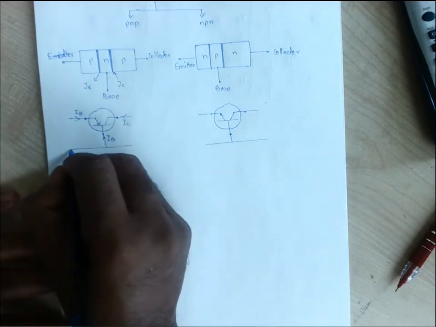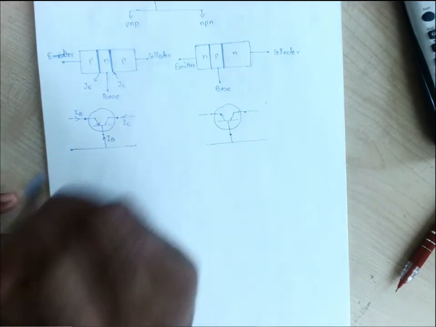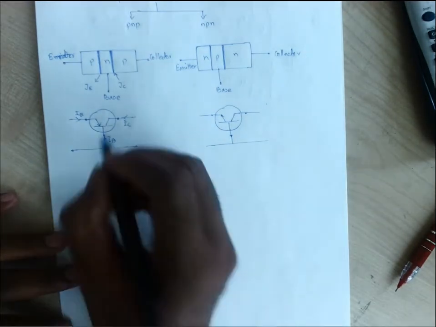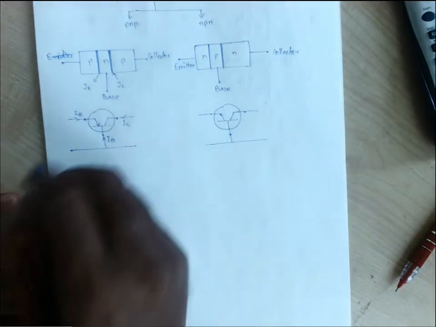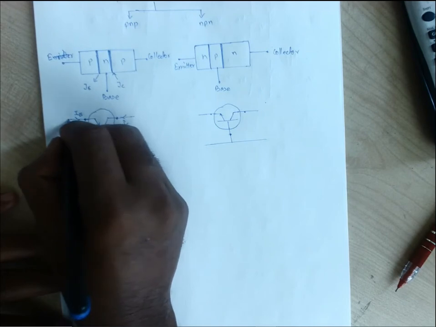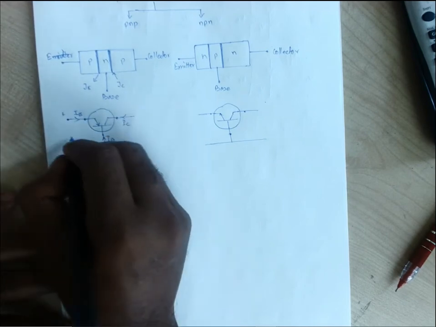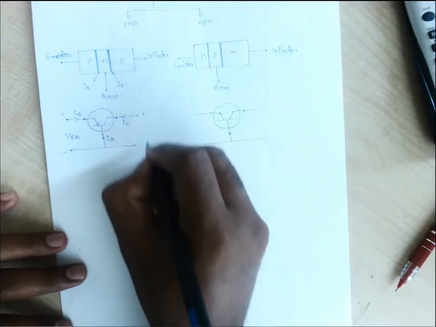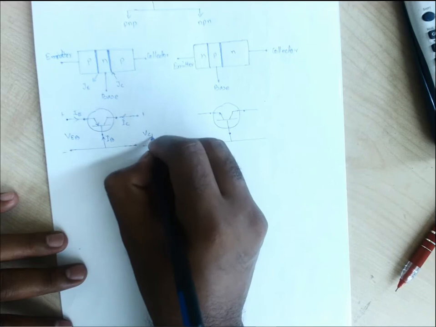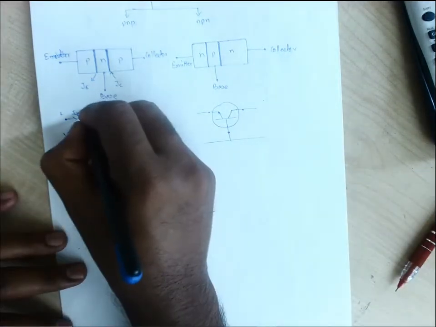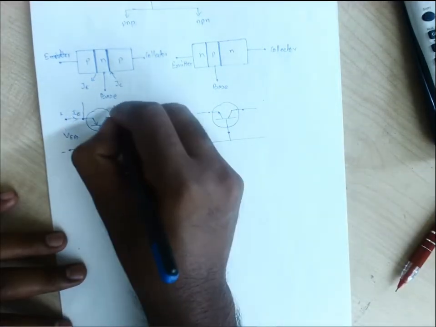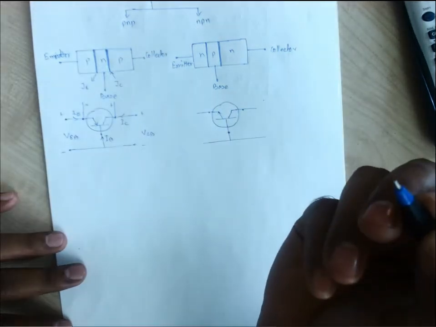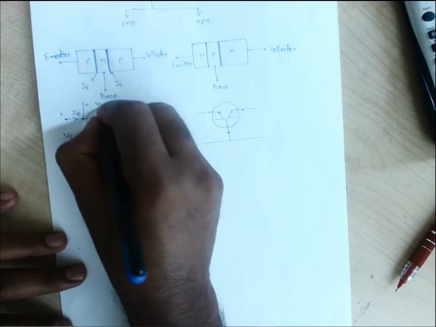And the voltages applied across the junctions, emitter-base, collector-base or collector-emitter, will be like this: plus minus VEB, plus minus VCB, and minus plus VCE.